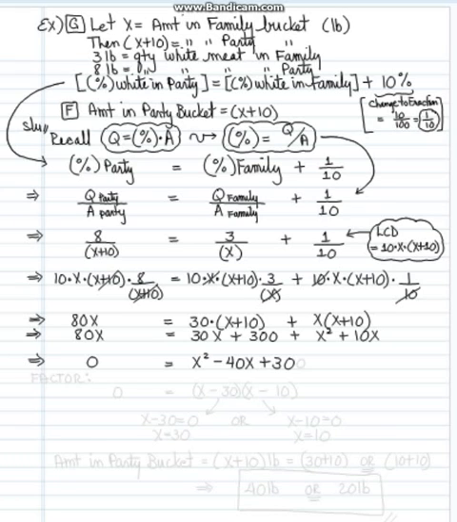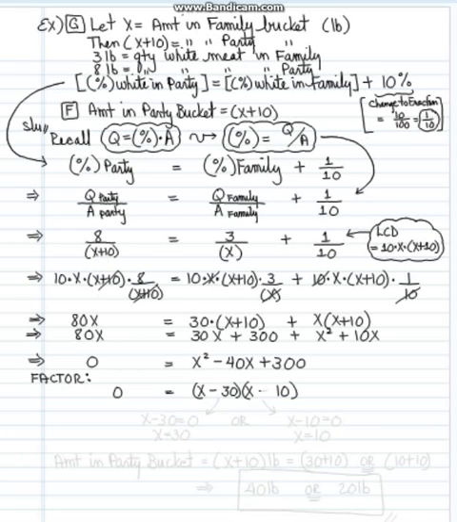Now it's time to factor the non-zero side. So when we factor, we get 0 equals, just going to guess, x is in the first position, a 30 and a 10. Oh, this should be 300. My bad. So it's a 30 and a 10, and they're both negative.